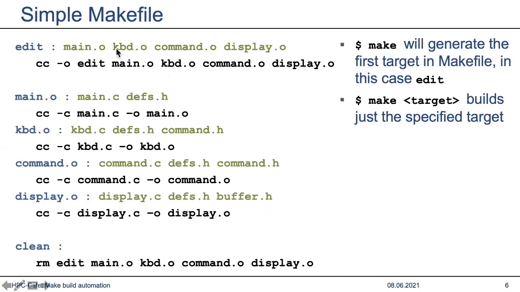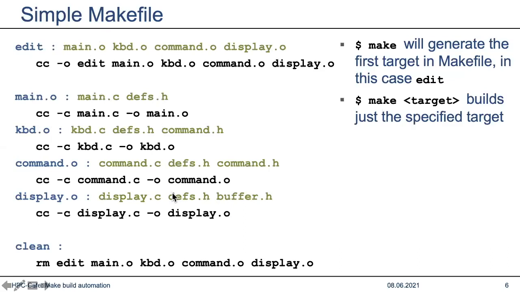Then, of course, you need to tell make, well, the prerequisites, those are somewhat intermediate build results, how to create those objects. And so you have, in the simplest case, one rule per prerequisite. For every object file, you have a rule telling make, okay, how can I get there from one of the source files?